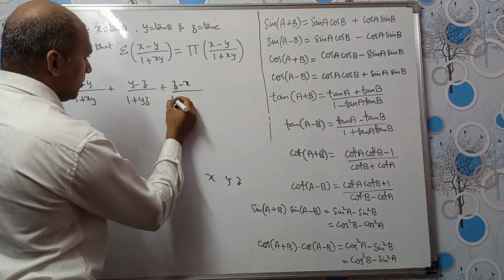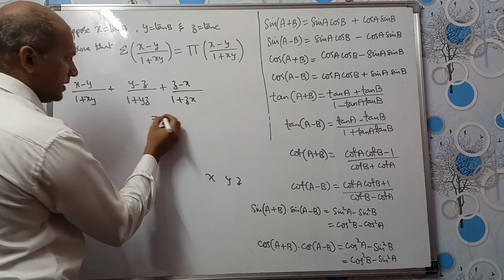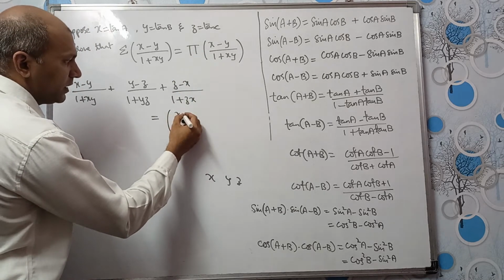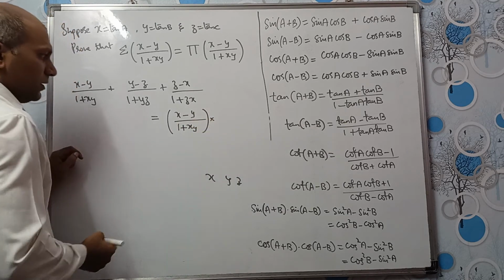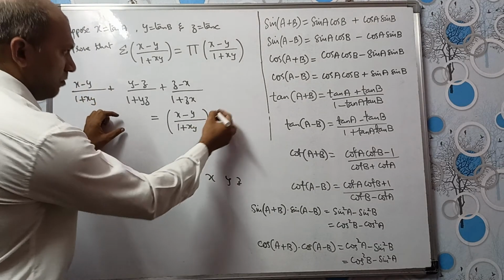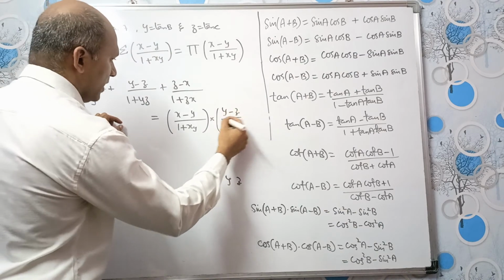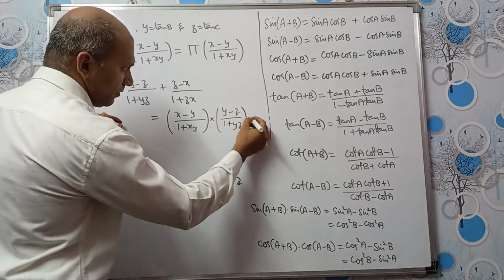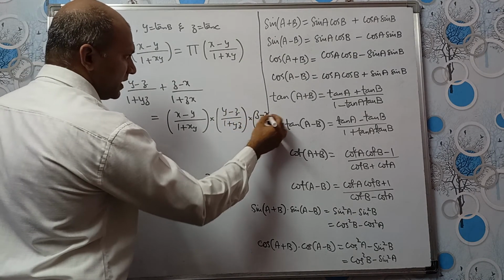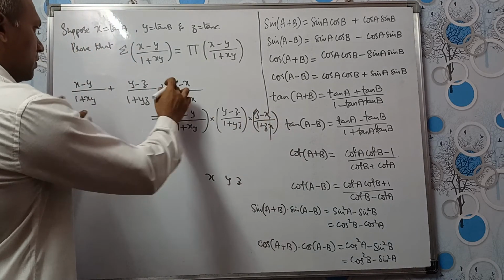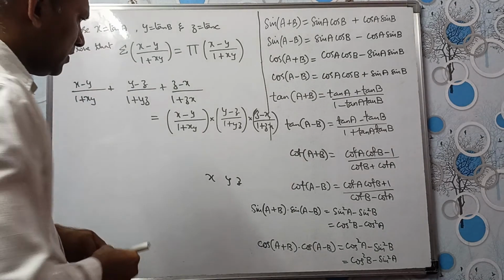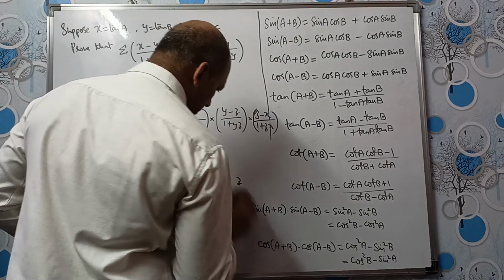Z minus x by 1 plus zx is equal to the multiplication of x minus y by 1 plus xy, multiplication of y minus z by 1 plus yz, and multiplication of z minus x by 1 plus zx. We should prove that this whole thing is equal to this. So this will become very lengthy, right?